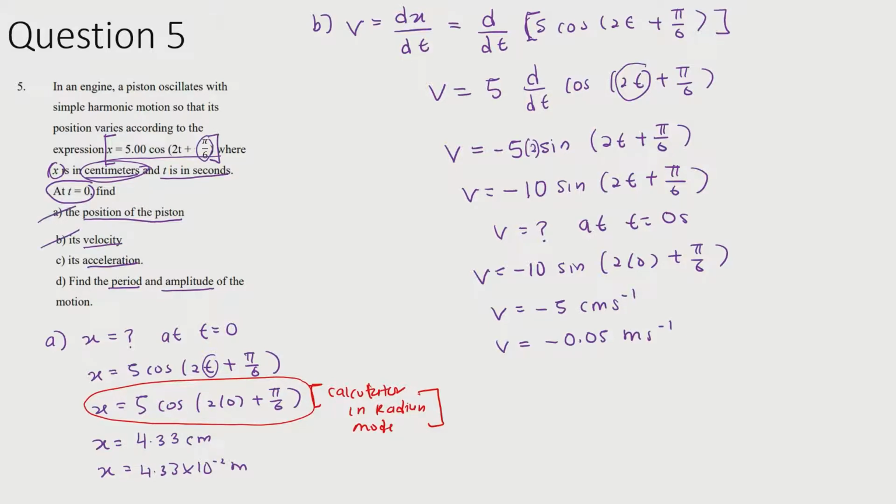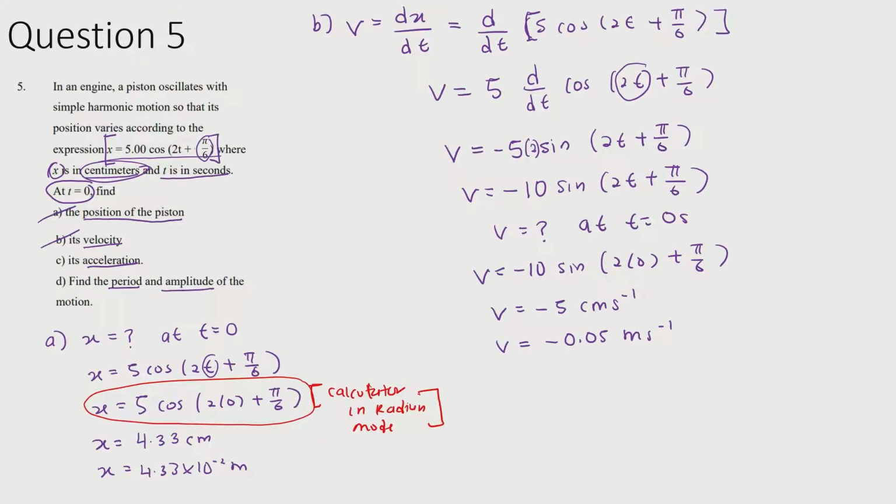Now we are going to look at question C. Question C asks for the acceleration. So we know the formula for instantaneous acceleration is dv over dt. Do we have our v? Yes, we have the expression for v, which is this one.